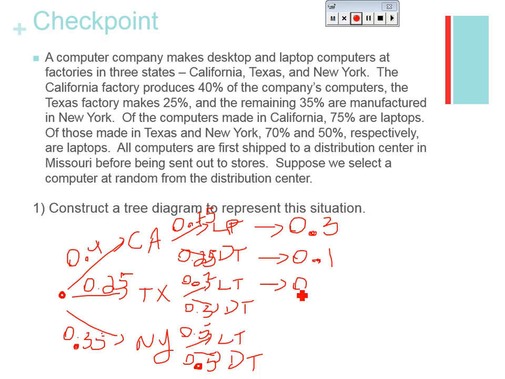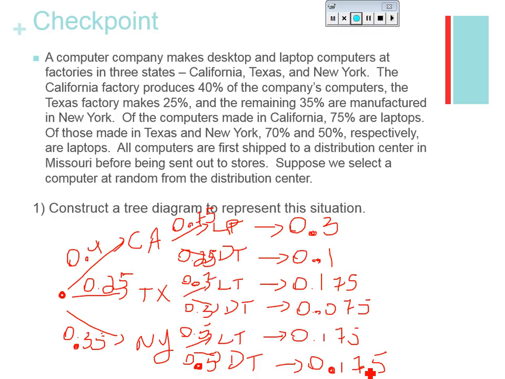So this would be 0.175, as with this as well. This would be 0.075. And then these two down here would both be 0.175. So that's what number one would look like.